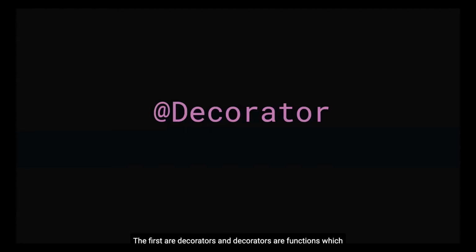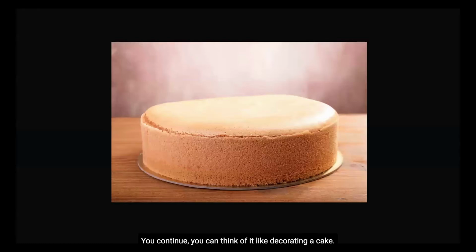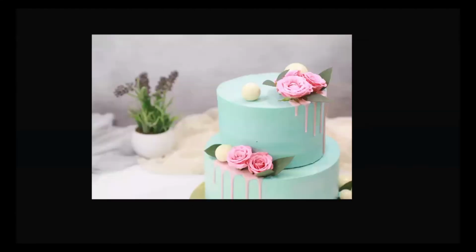The first are decorators. And decorators are functions which modify the functionality of other functions. They start with the @ symbol followed by the name of the decorator. You can think of it like decorating a cake. It starts with something, then you modify it by adding the frosting, the flowers, and the sprinkles.